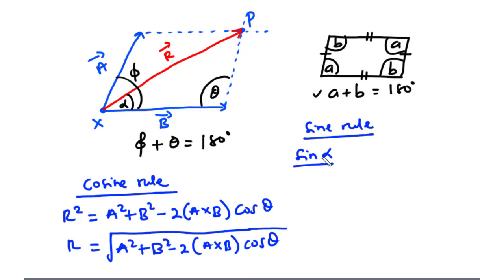So we have sine alpha over a equals sine theta, and then opposite of theta is the resultant vector r. So we have divided by r. So using this formula, you can cross multiply and make alpha the subject, and then you find the value of alpha. So at this point, we can take some examples. Let's solve the first example.